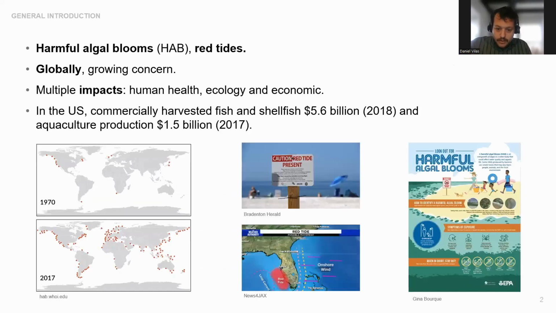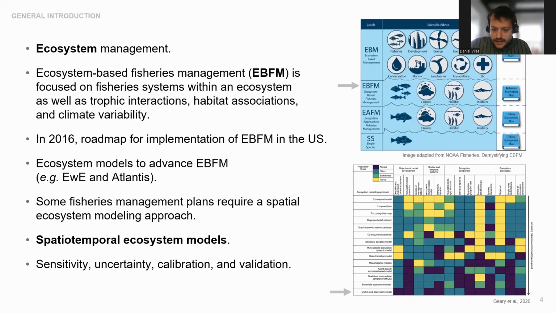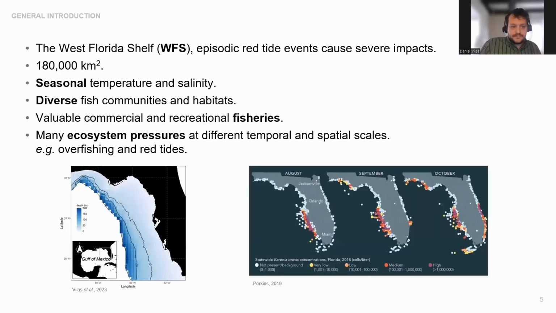We will focus on the last row, the end-to-end ecosystem models. To apply them for management, we have to acknowledge that those models need to pass through sensitivity and uncertainty assessment, but also we need to calibrate and validate those models and validate those predictions.